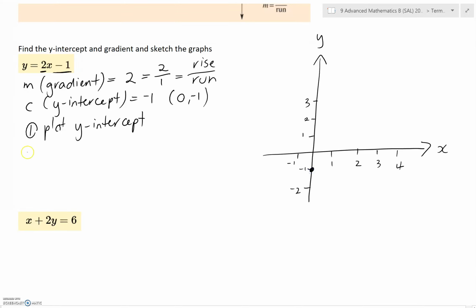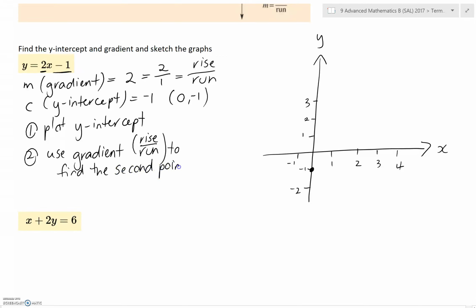And my gradient, so that's step 1. Step 2, use the gradient or rise over run to find the second point. So let's do that, and then we'll write down the point here as well.